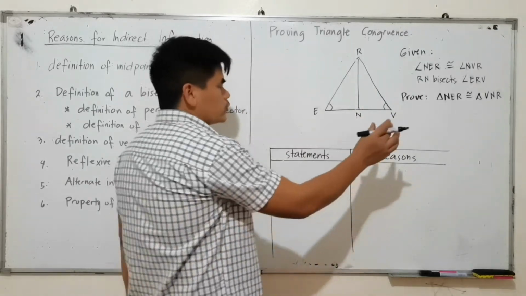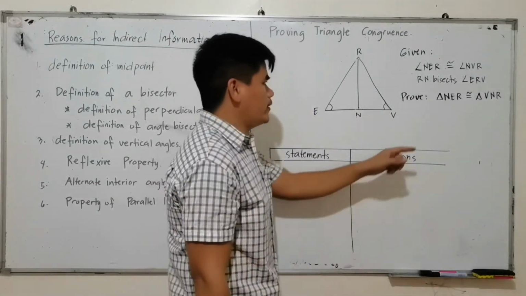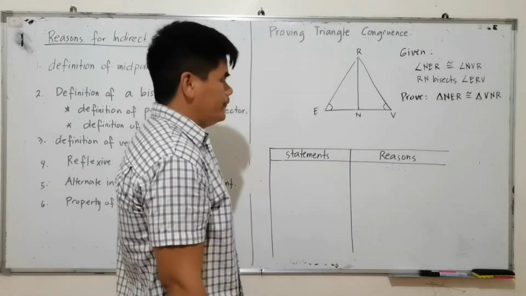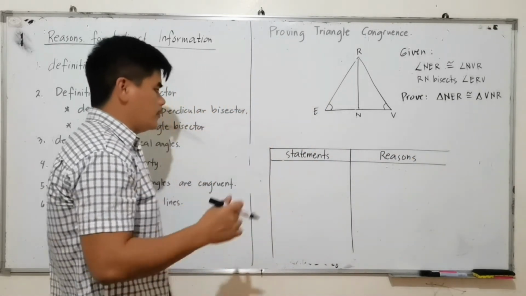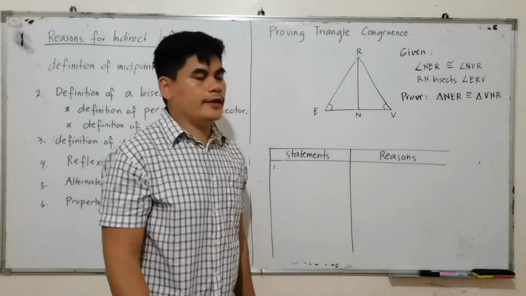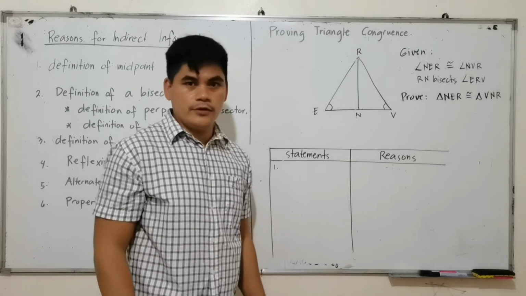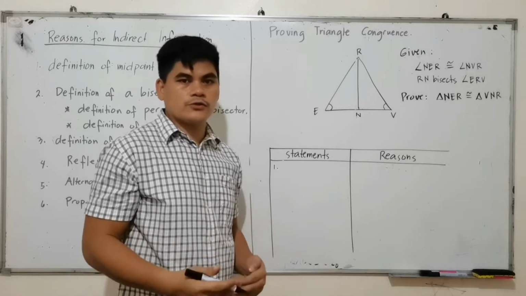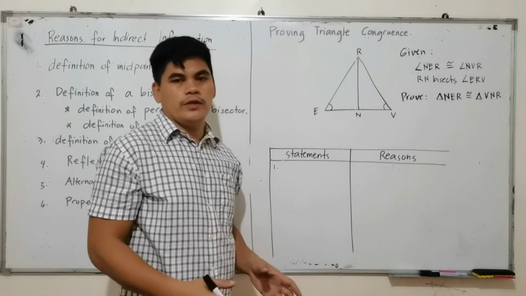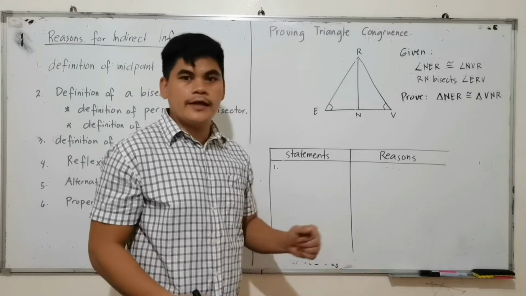Now we are going to prove that triangle NER is congruent to triangle VNR. Number one. First, let us consider the given information. In order for us to solve a certain problem or case, we need to consider first the given information.